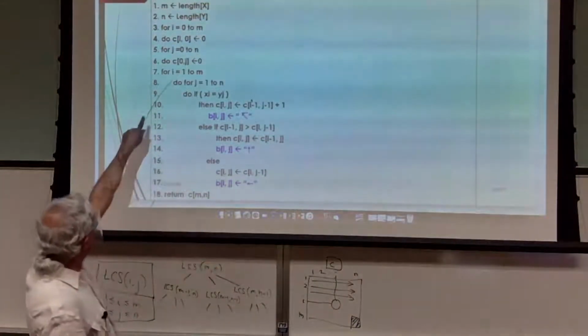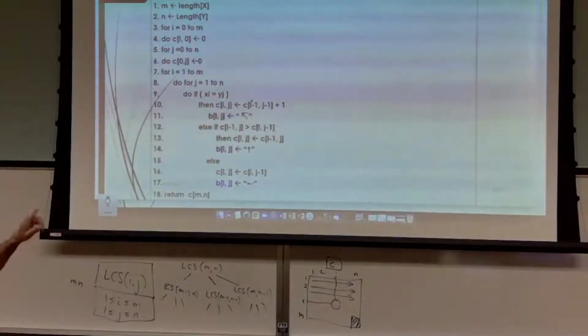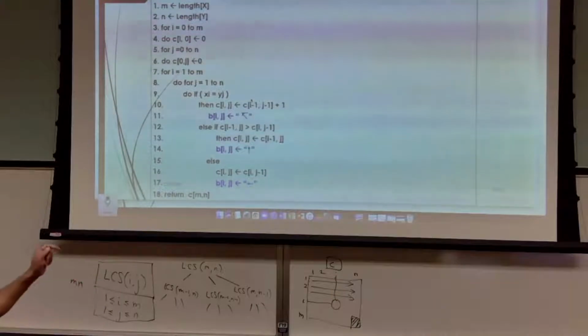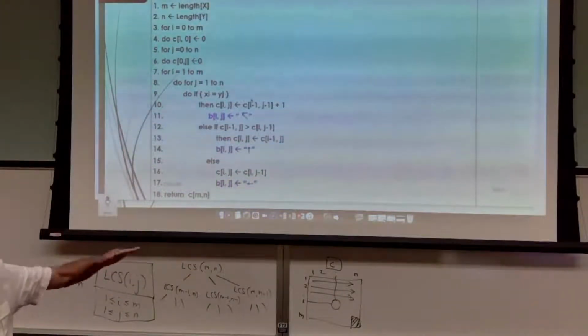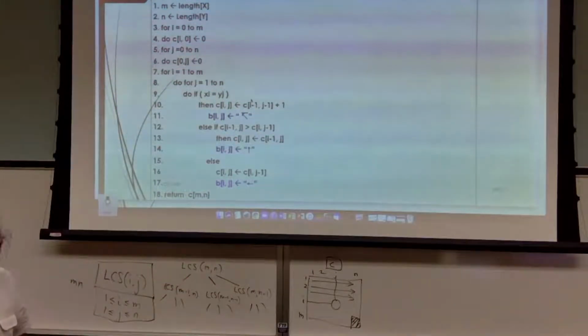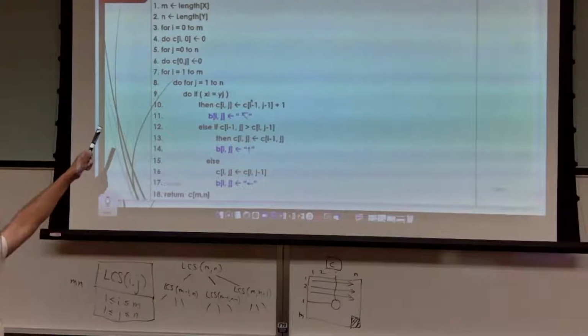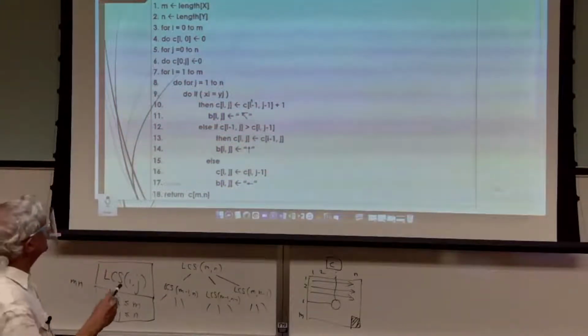And in order to do that, statements 7 and 8 say for i equals 1 to m, for j equals 1 to n, which means in row major order, I take it one row at a time, and in each row I go from left to right. So 7 and 8 tell us that we're going to do this in row major order.